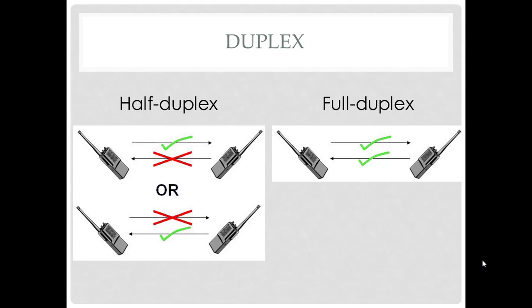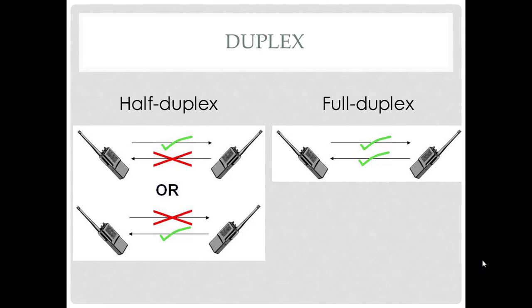The earphone reproduces the speech of the remote party as the microphone transmits the speech of the local party, because there are two communication path channels between them. And the opposite is half duplex.